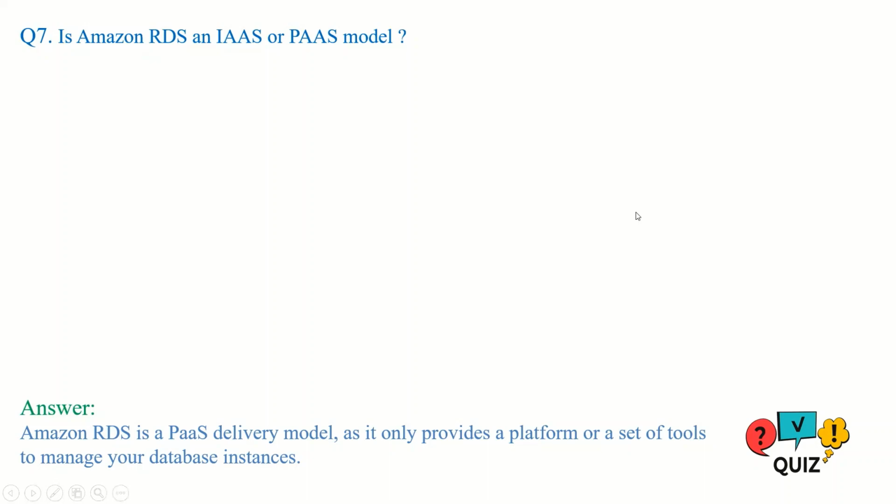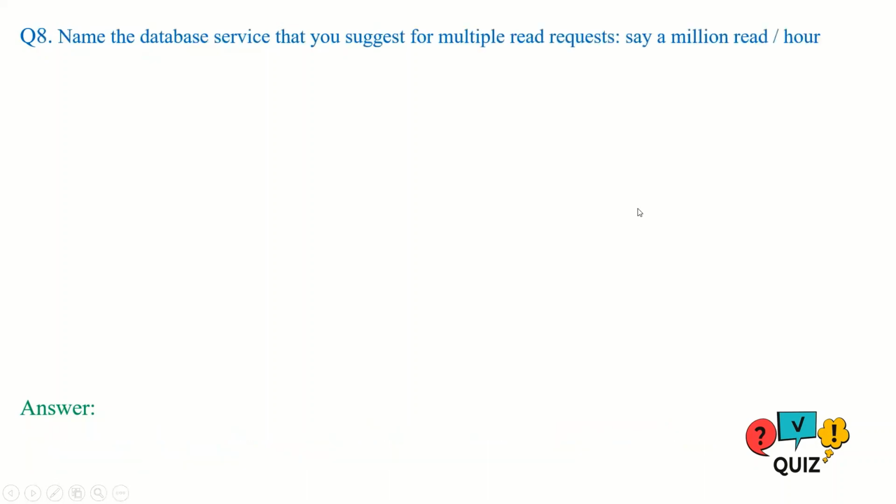All right, let's move on to the next one. Name the database service that you suggest for multiple read requests, say 1 million reads per hour. So we have 3 proprietary databases from Amazon. Amazon Aurora, Amazon Redshift.